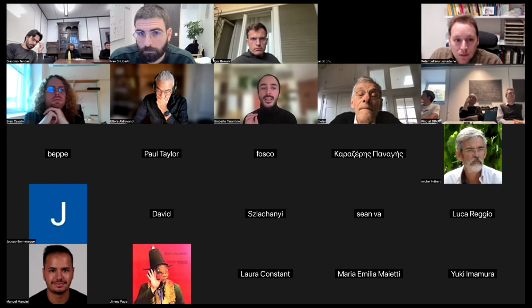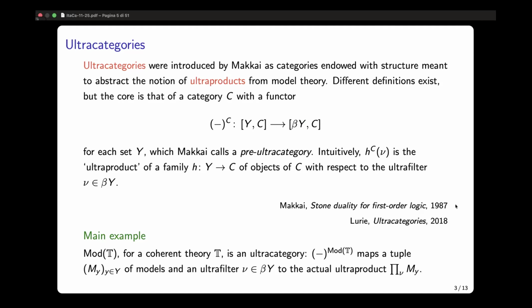Ultracategories were introduced by Makkai as a way to categorify the notion of ultraproducts from model theory. There are many different definitions, most notably the one by Lurie, which is a great simplification of the one given by Makkai.